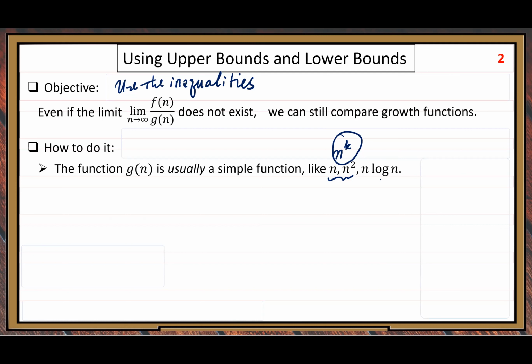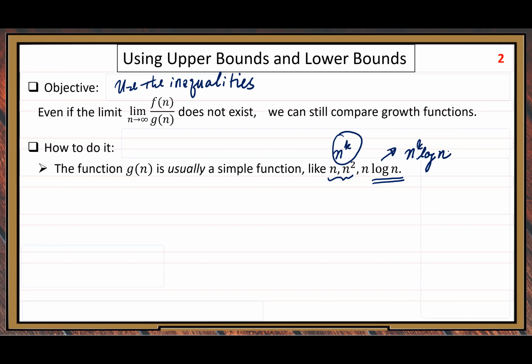Then, because log n commonly appears in growth functions, the second type is basically a power function times a log function.